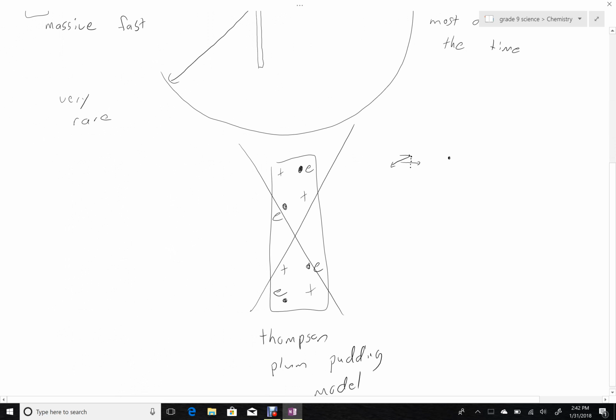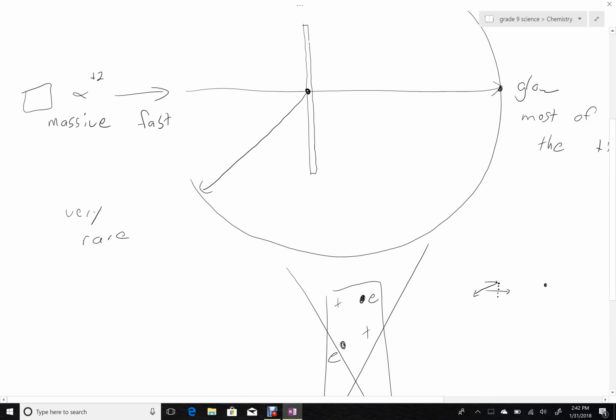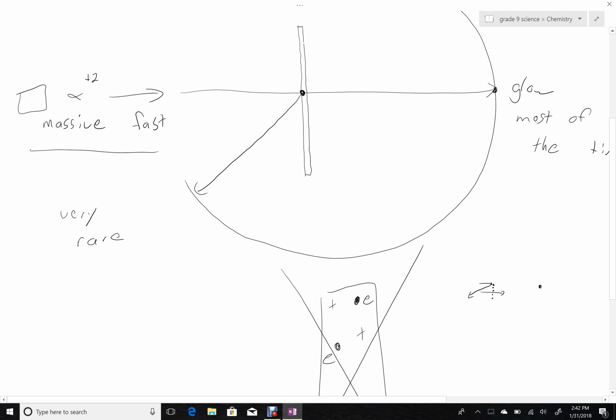What he actually discovered is that for this thing to be strong enough to bounce back what he referred to as his bullet from his elephant gun, this nucleus must be extremely dense and massive.